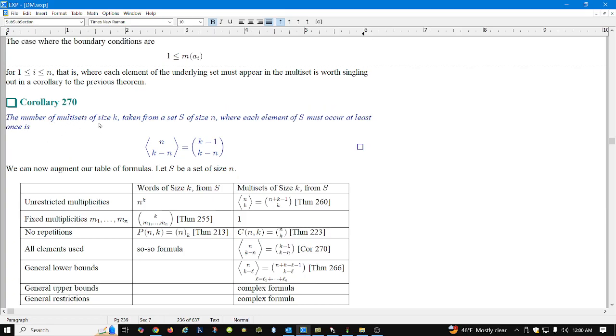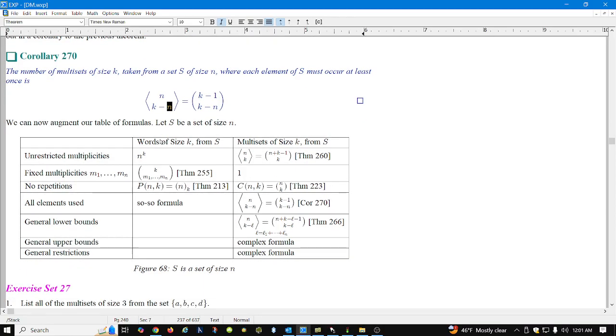The number of multisets of size k taken from a set S of size n, where each element of S must occur at least once, is n multi-choose k minus n, which is k minus 1 choose k minus n. Okay. And simply because all these are 1, there are n of them, so that's why we subtract n.